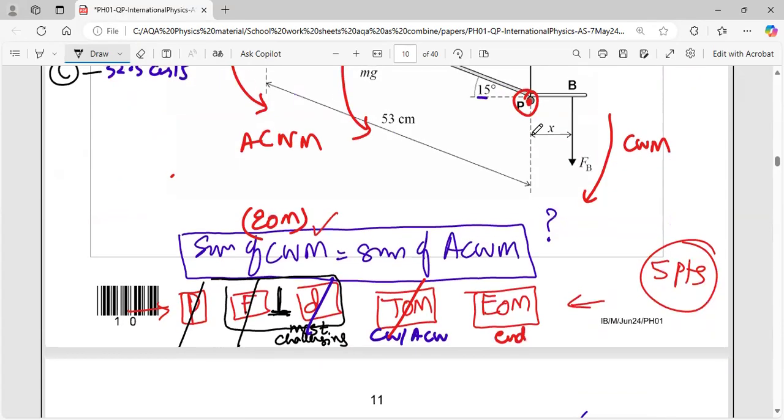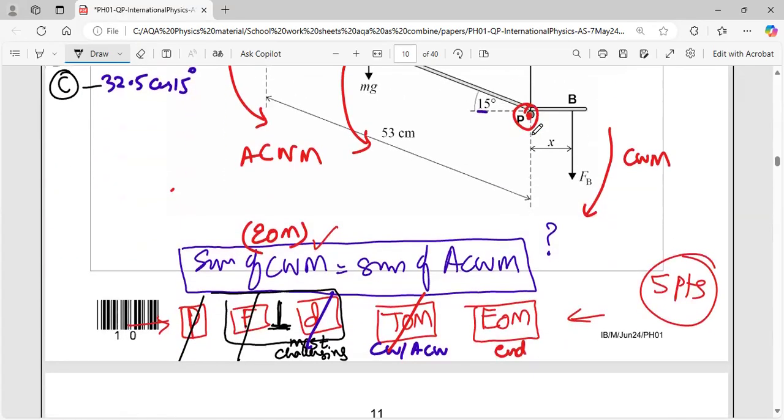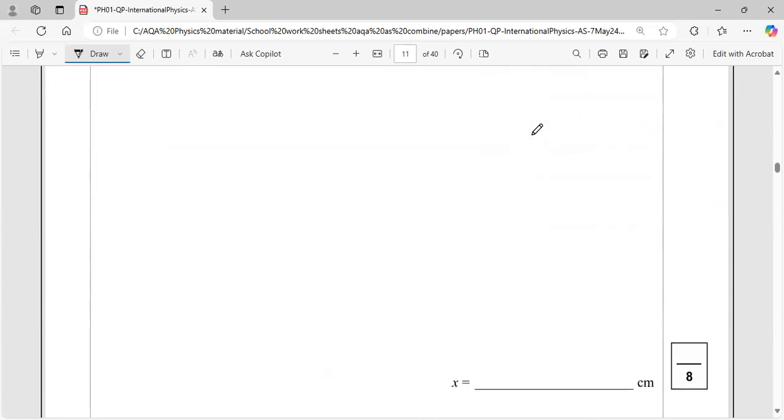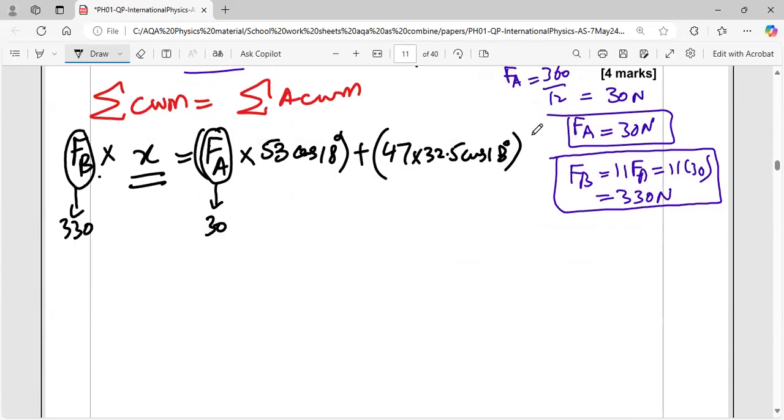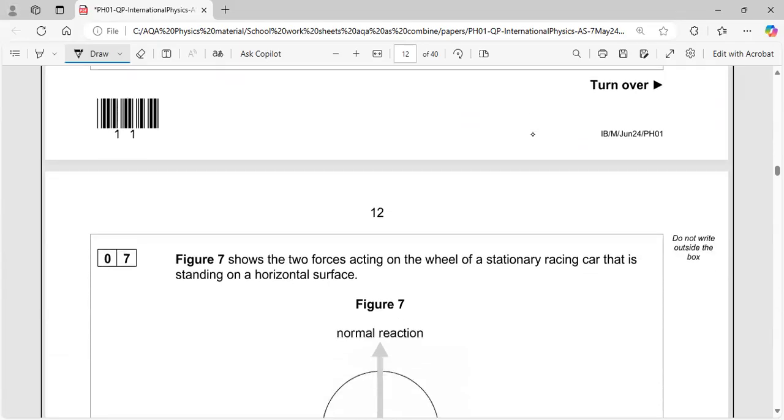Let me just give a couple of seconds to do that. And if I use the calculator, the answer is 9.1. So the answer comes out to be 9.1 centimeter. And you have to write it all the way over there. They have given you plenty of space to solve this.